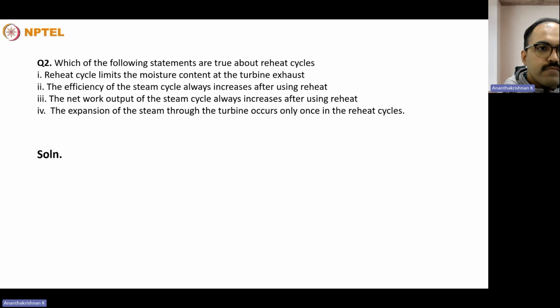So which out of the four options are right for this particular problem? There can be multiple answers to this problem. Okay, let's look into the options.